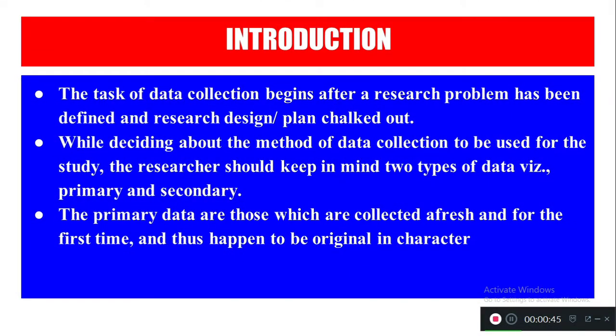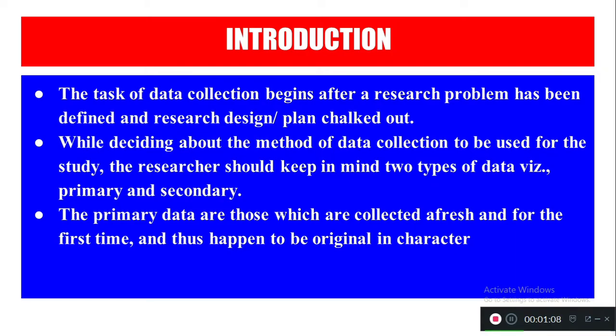Once we complete selecting a research problem, and once our research plan, that is the research design, is finalized, then we go for selecting the method for collecting data. When we speak about data, you must know there are two types of data.